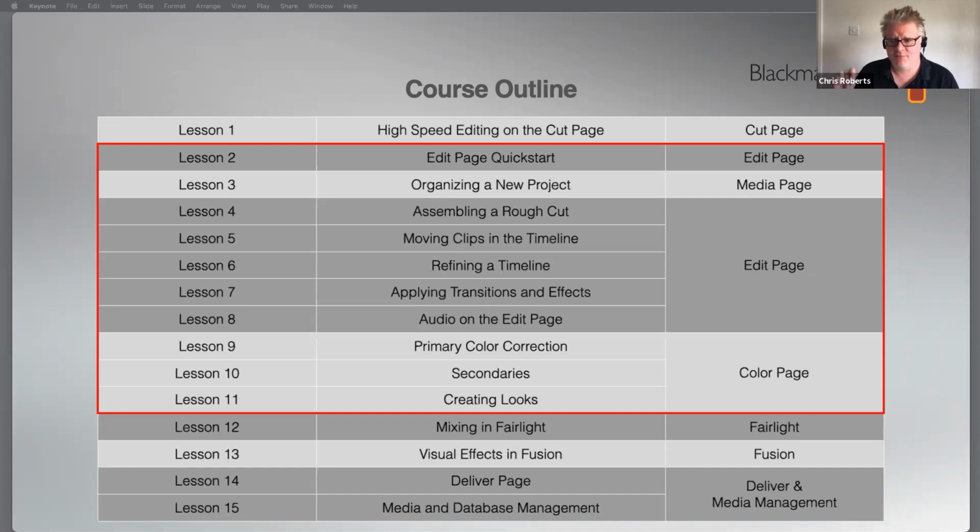That's not to say that everything outside of that red box is a lesser lesson, not as important. It is important, because it is a beginner's guide, so it's trying to touch on all elements of it. I think it's important that people understand where the cut page sits in terms of the software, where Fairlight sits, where Fusion sits as well. If for nothing else, it gives people the confidence to say, okay, I understand that I can go into the Fusion page and do this basic thing before coming out of it.